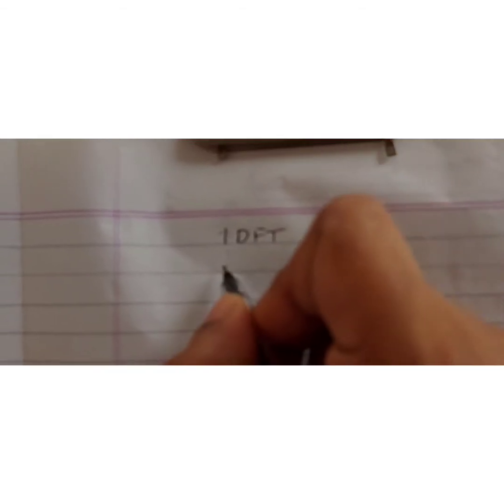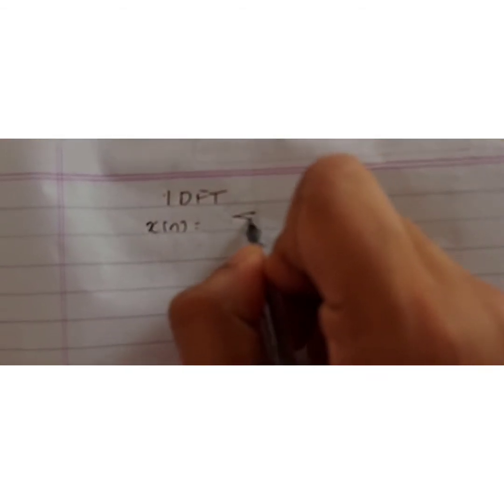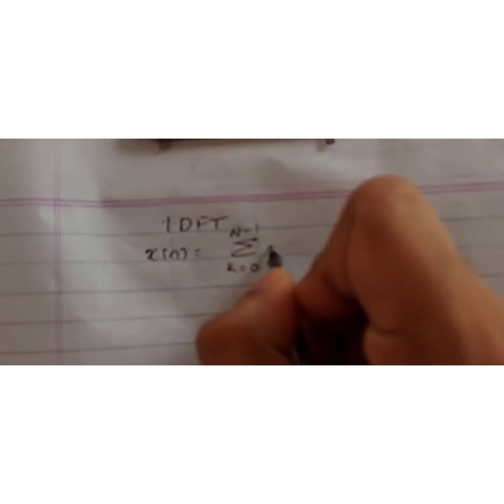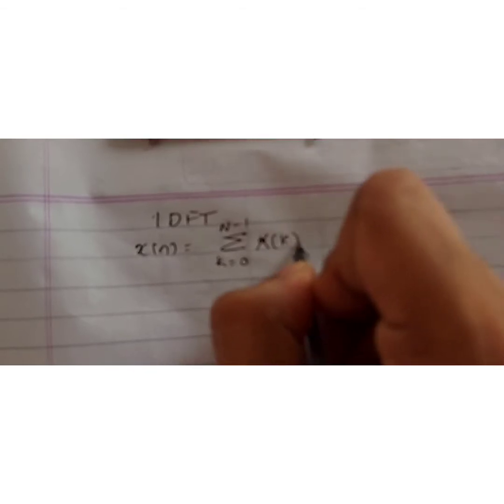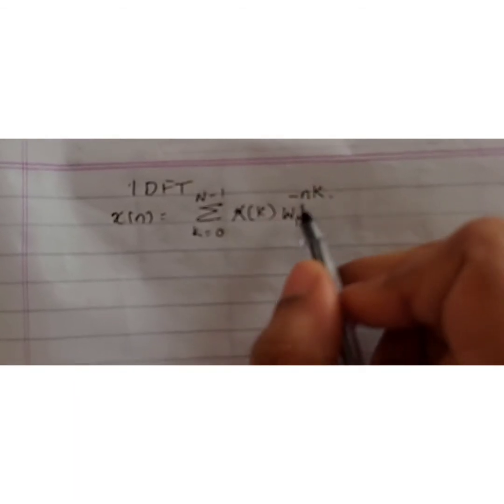inverse FFT is that, okay, you will have a 1 by n term. Okay, if you write your IDFT equation, what is your IDFT equation? You want your x of n is nothing but summation k varies from 0 to n minus 1 x of k W_N to the power minus nk. So the main thing here would be your twiddle factor, right?